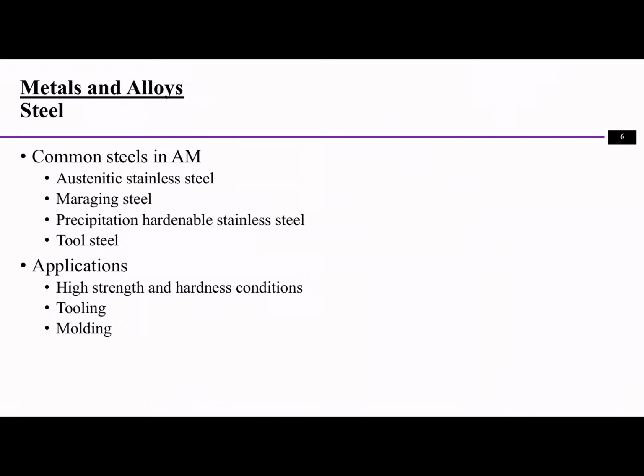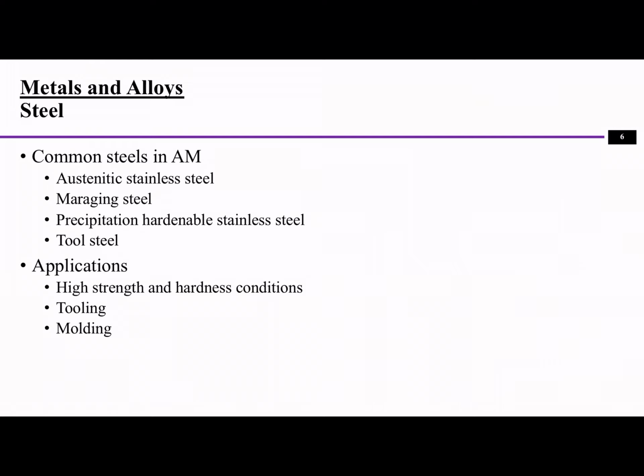And another metal is steel. Is also widely used in 3D printing as well. These are some of the common steels you can see: austenitic stainless steel, maritime steel, and also tool steel. Some of the precipitation hardenable stainless steel as well.